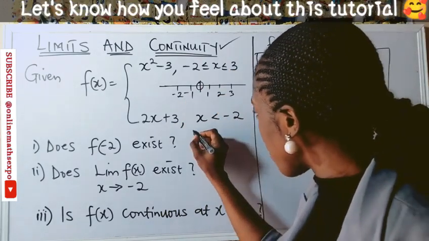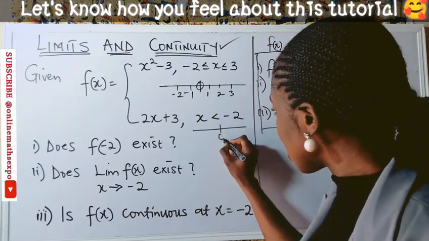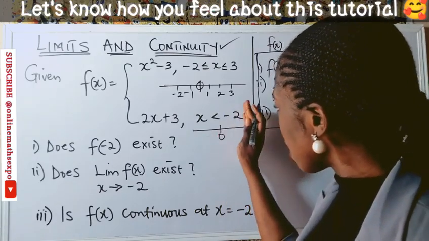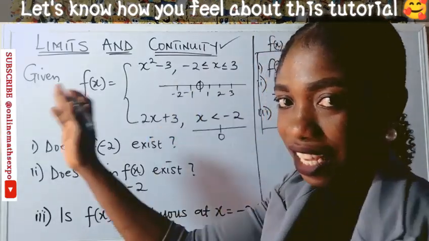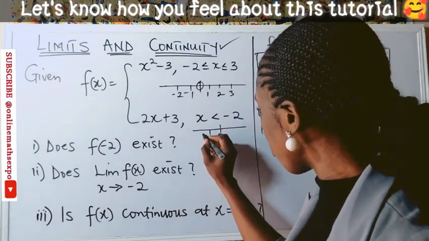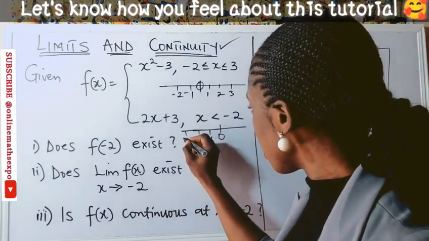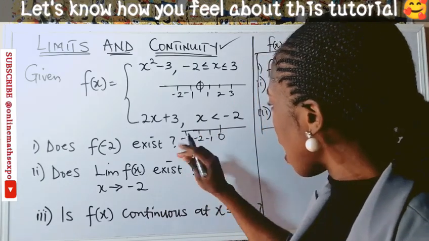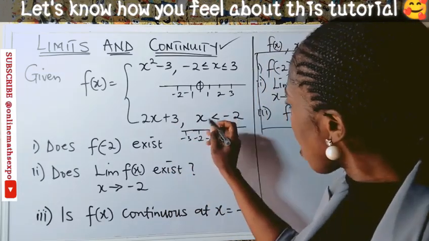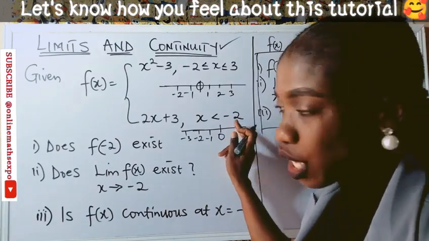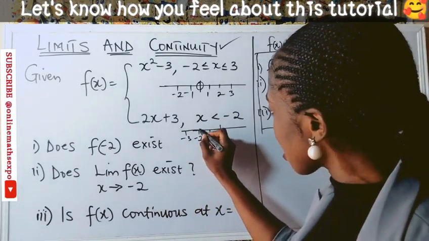Now for this, if I represent it on a number line, this is 0. That means x is moving towards the left side, okay? So we have -1, -2, here is -3. But remember that if x is less than -2, x cannot be -2.